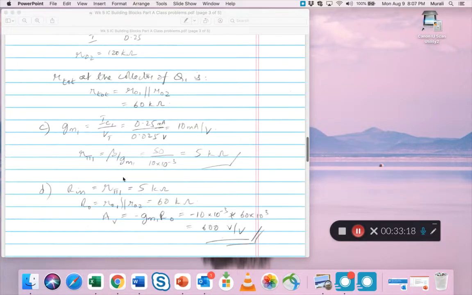So the three important amplifier parameters, input resistance, output resistance, overall voltage gain, simple formulas are applied, and you can get the voltage gain as, it should be a minus sign, sorry, missed it.